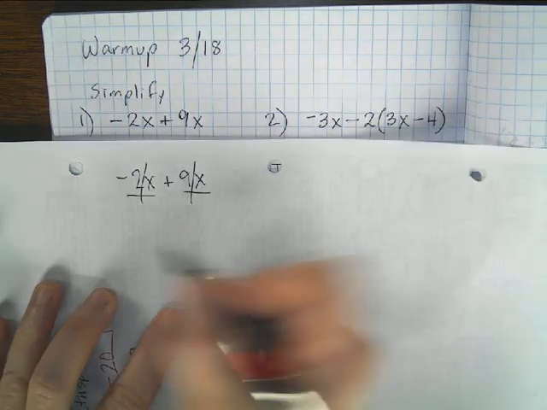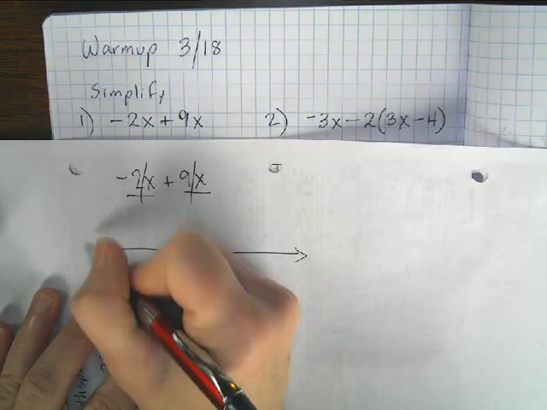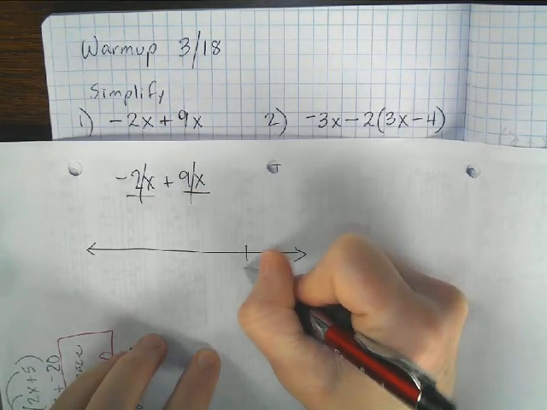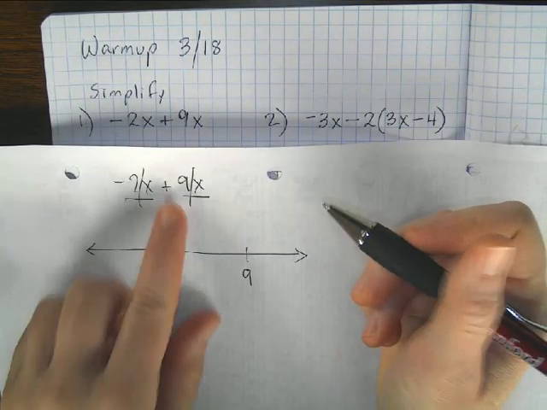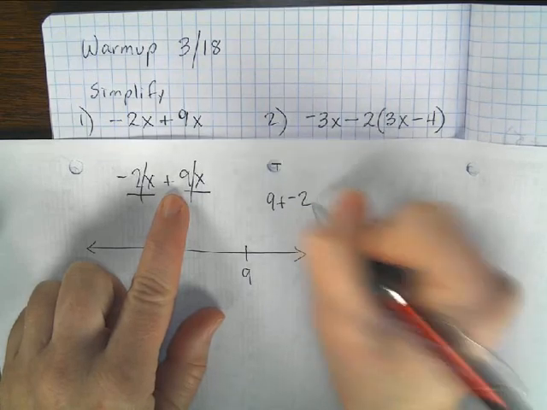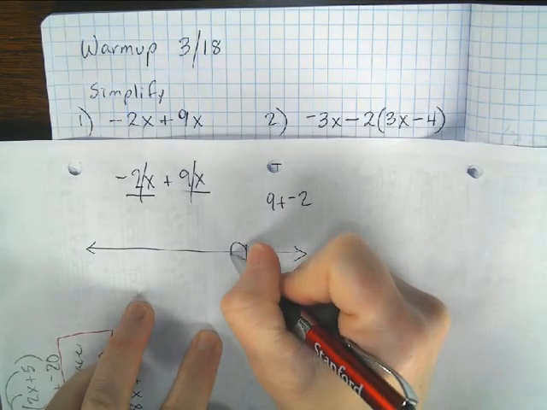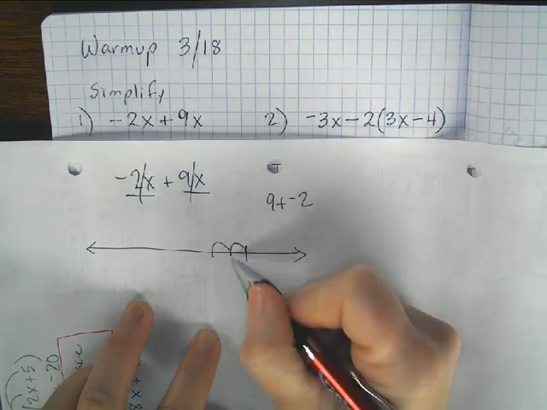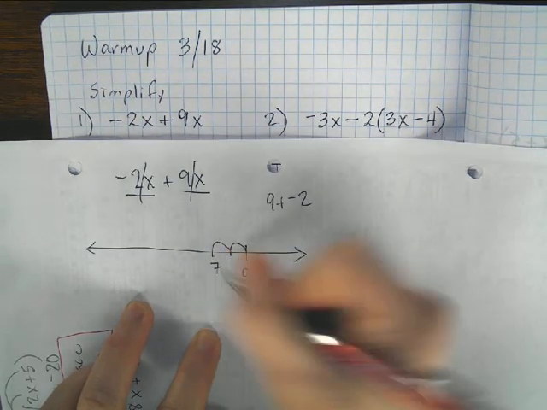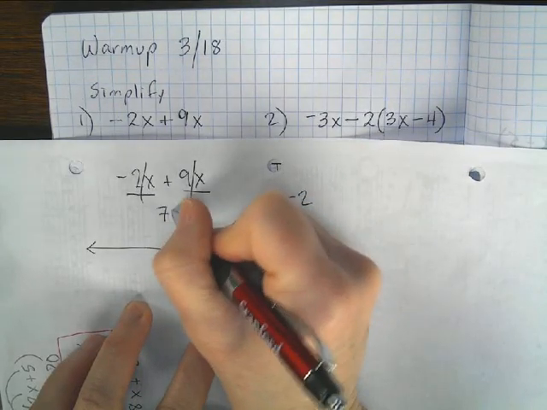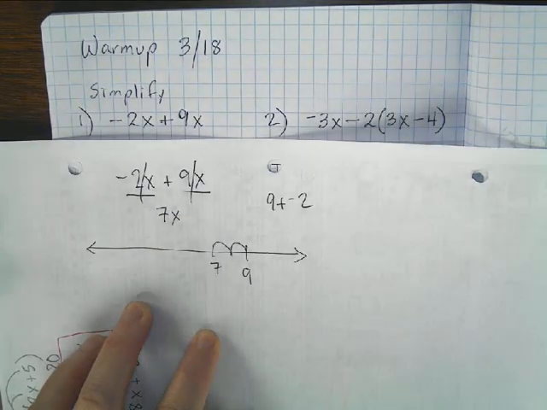I could use my open number line. I like to start with the bigger number, so 9. And then 9 plus -2, well, negatives to the left, 1, 2, so that would be 8 and 7. So this one would be positive 7x. Don't forget the x. Some of you were forgetting the x yesterday.